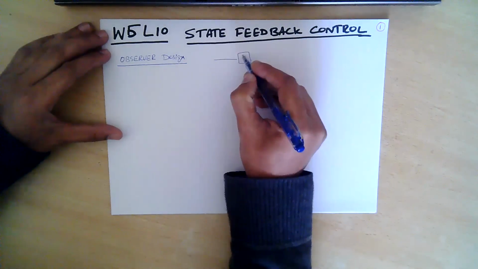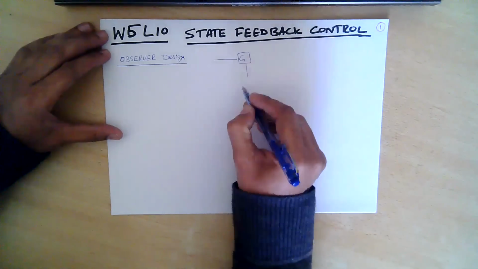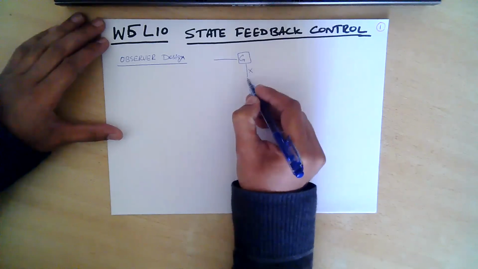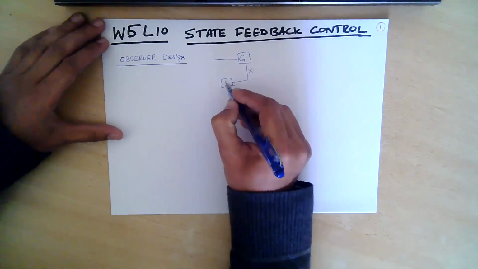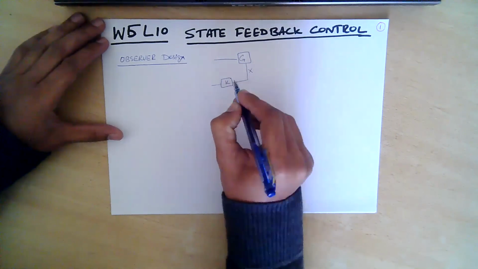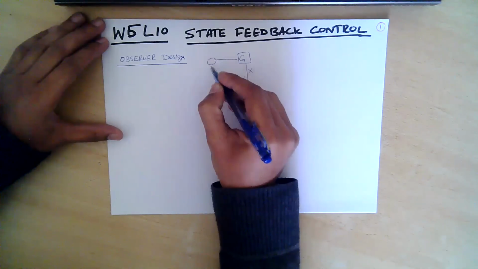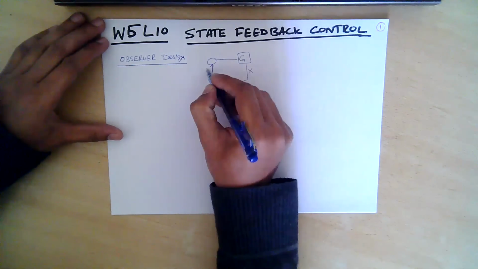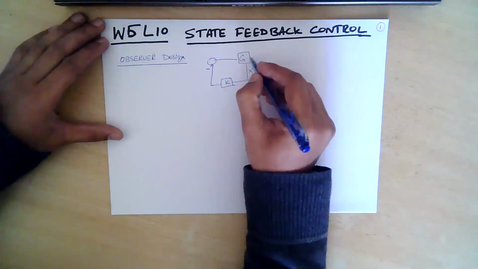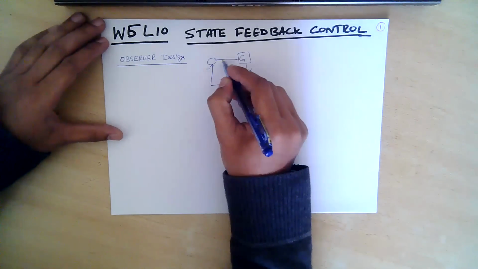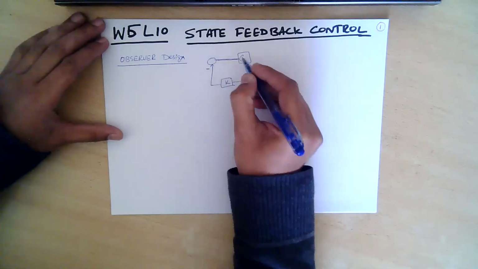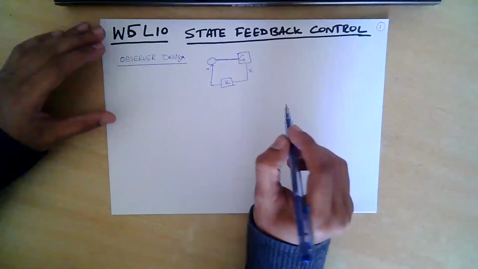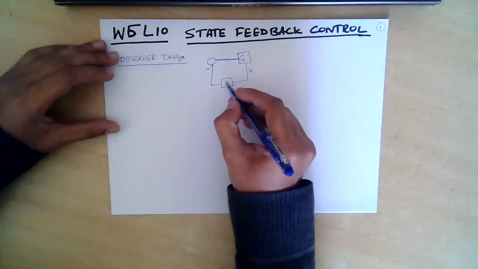This is a system, and we got access to the system states, and we calculated the gains of the controller, and we just fed back the states multiplied with the gains, and we said the response of the system will be as per our desire. Now, this is what we did in the last lecture.